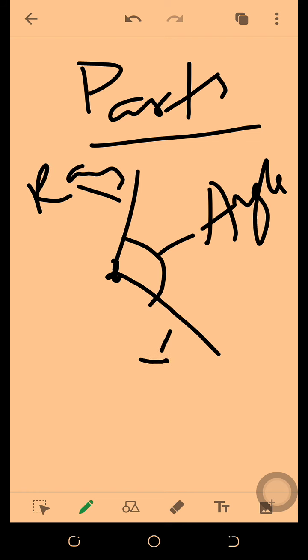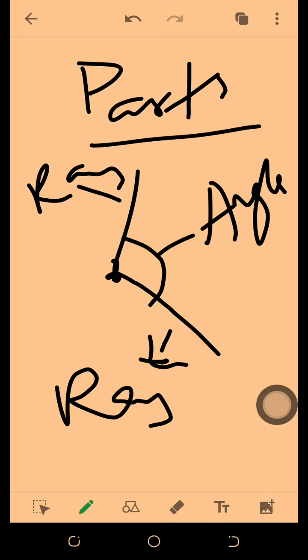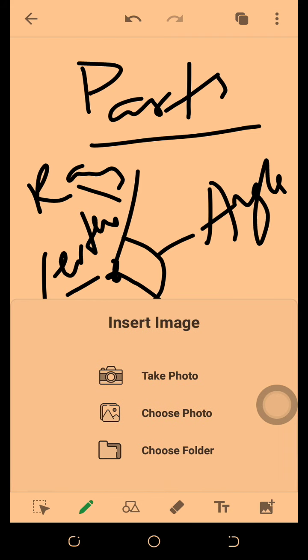We call this one too a ray. And this we call the vertex. The point at which two or more rays meet on a flat surface, that point is what we call the vertex.